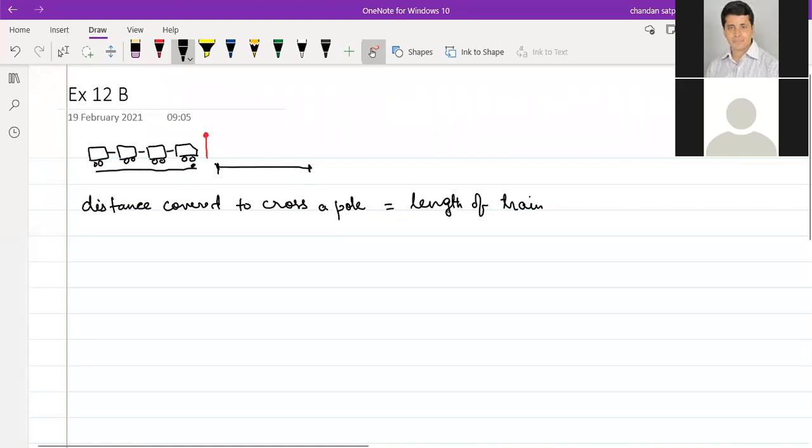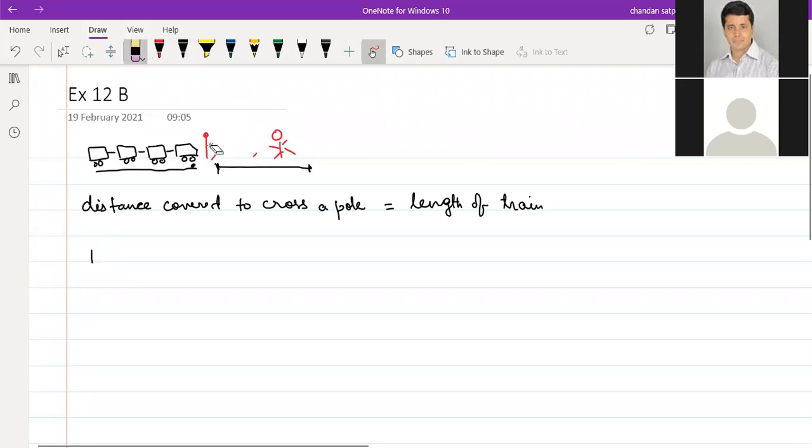It is the length of the train. That much distance the train has to cover to cross the pole. Now in place of a pole, it may be a tree, or a man, anything. All are the same rules. The rule will be the same. The distance covered will be the length of the train.